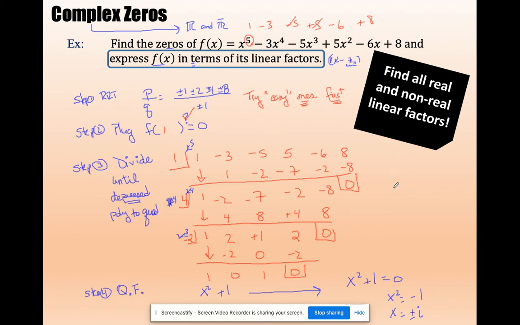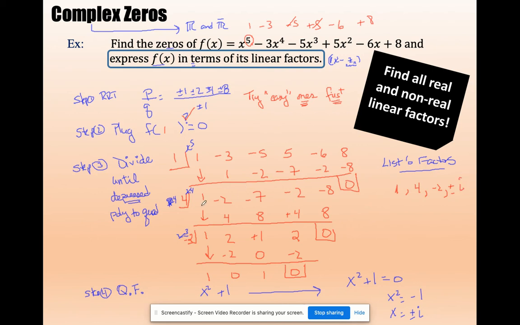Right? So I now have a list of zeros. From step 2, I got 1, with a remainder of 0; divided by 4, and I got a remainder of 0; divided by negative 2, and I got a remainder of 0; and then solve this quadratic, which if it had 3 terms, I would have used the quadratic formula, but it only has 2 terms, so I just used my skills from last year.